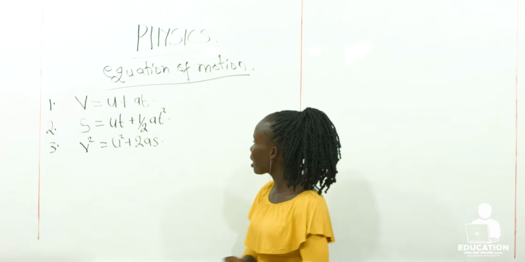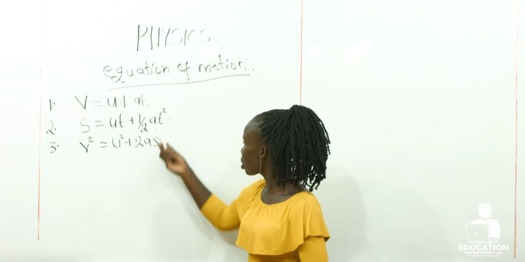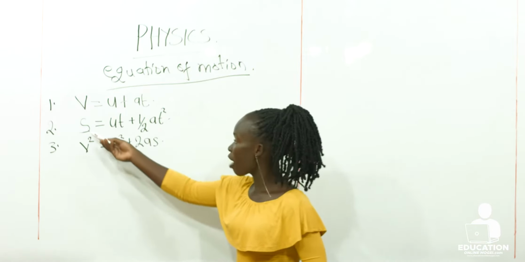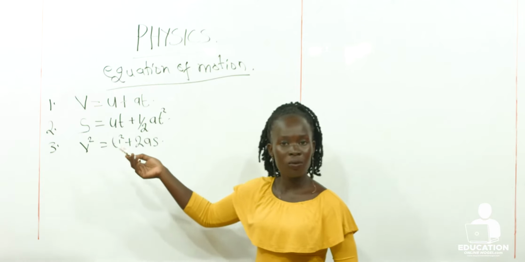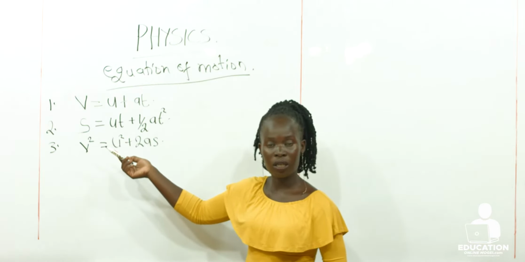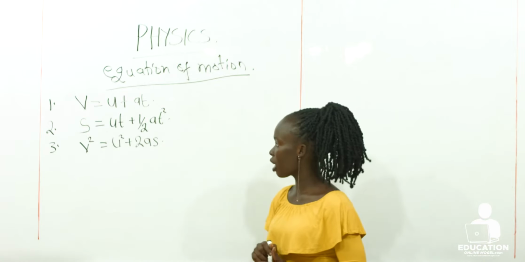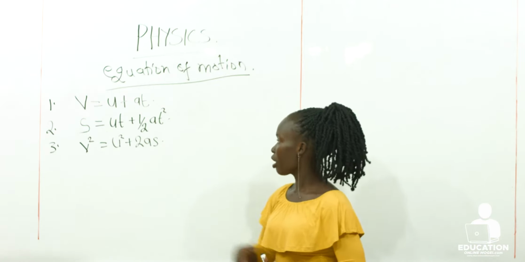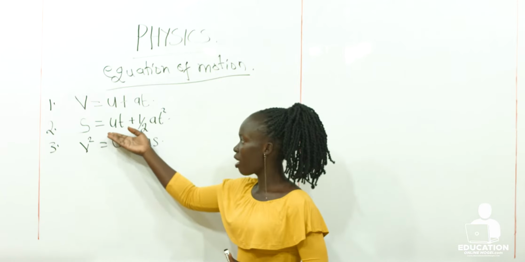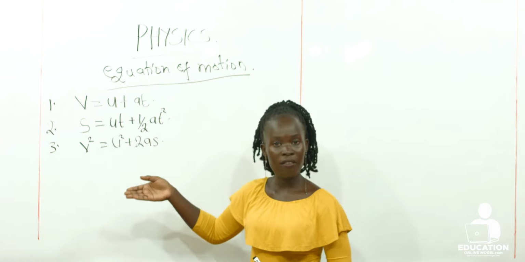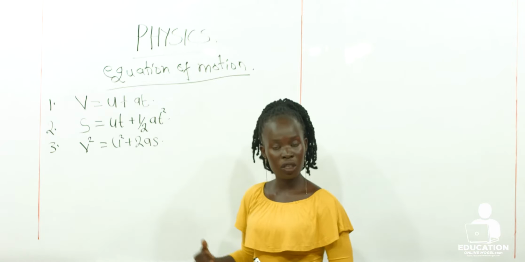Now you come to the second one. You'll see that there is time, there is acceleration, we have the initial velocity, and we have the S, the distance, which is also the displacement. So what is lacking in the second equation, if you take a look at it? We don't have the final velocity, the velocity with which the body comes to rest.